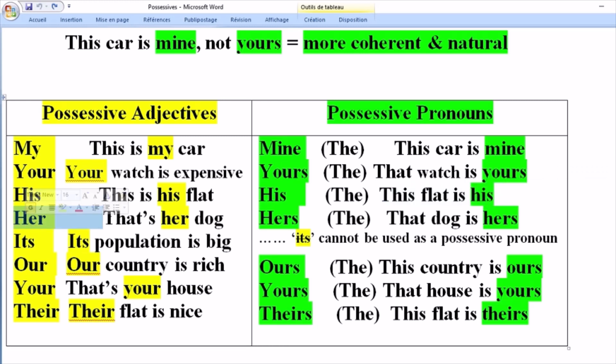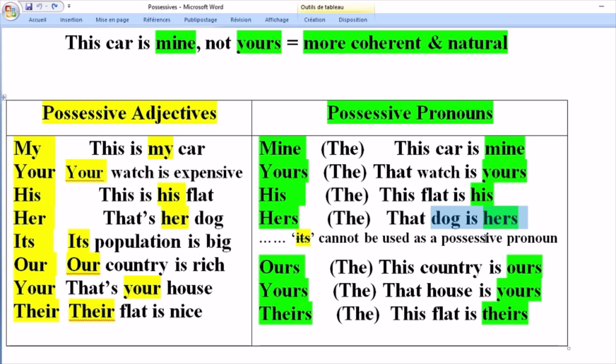Her. That's her dog. It becomes hers when we speak about possessive pronouns. That dog is hers, which means that dog belongs to her. It's her dog, or it's hers, the same thing.